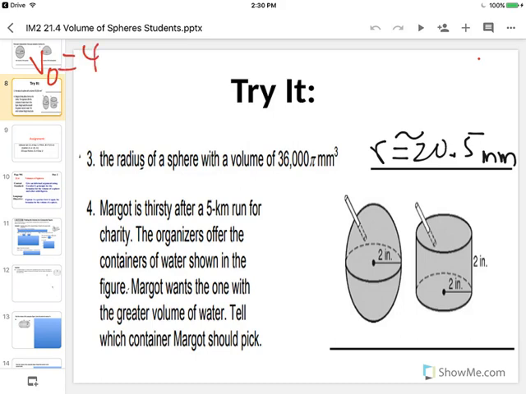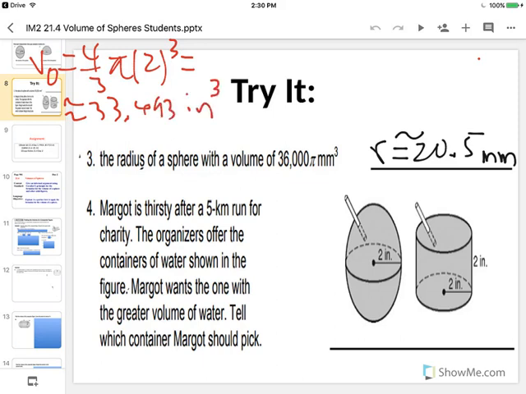It would be 4/3 pi times the radius 2 to the 3rd power. This is approximately 33.493 inches cubed.